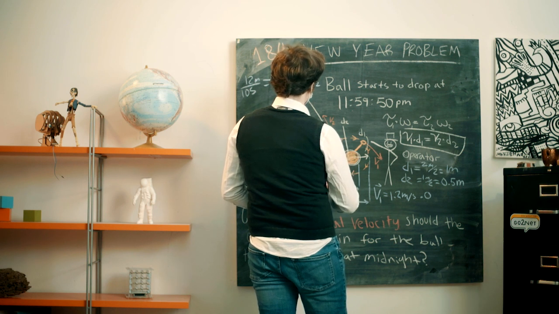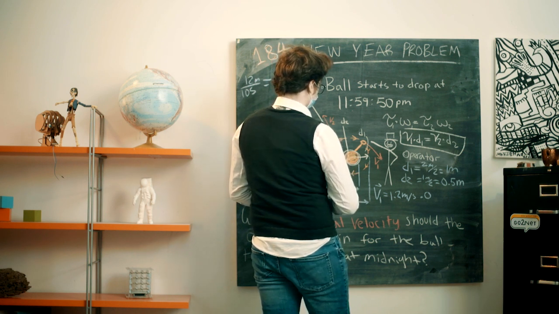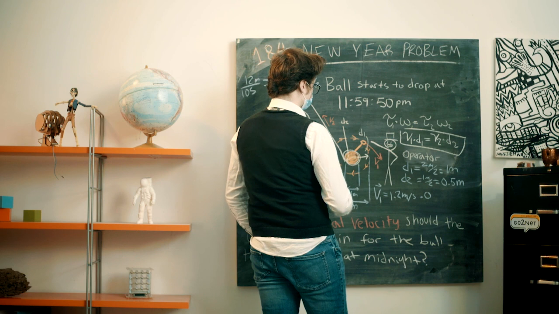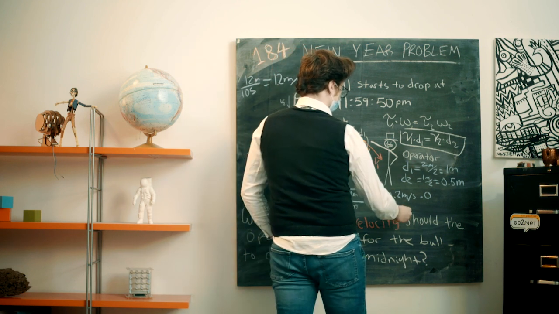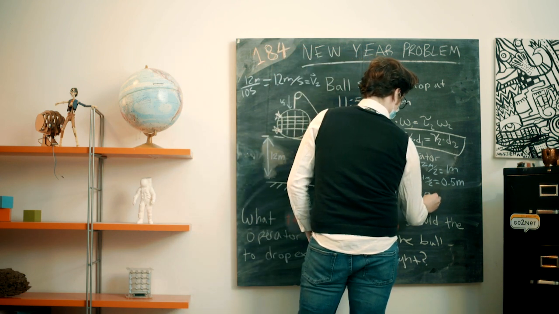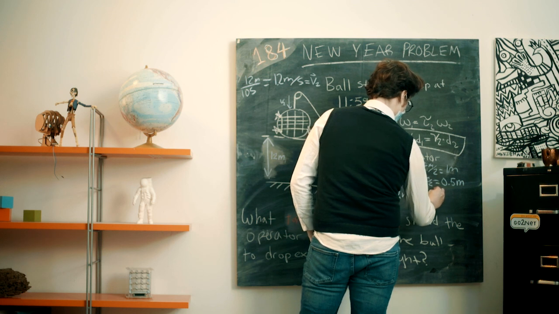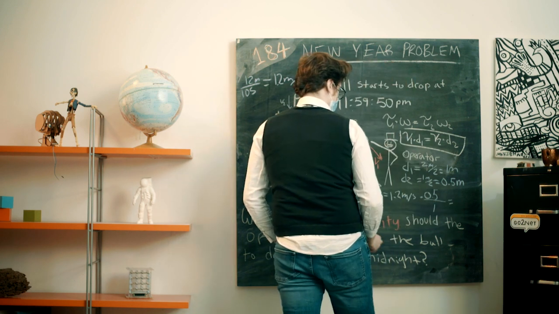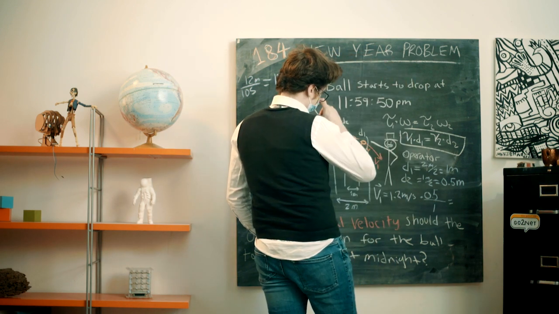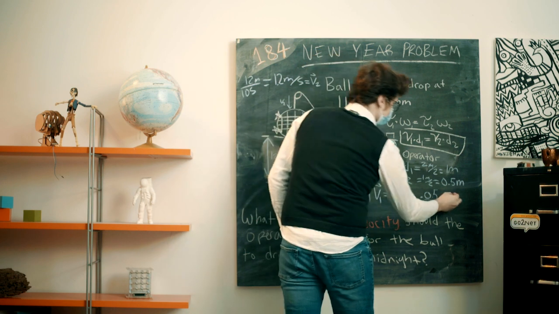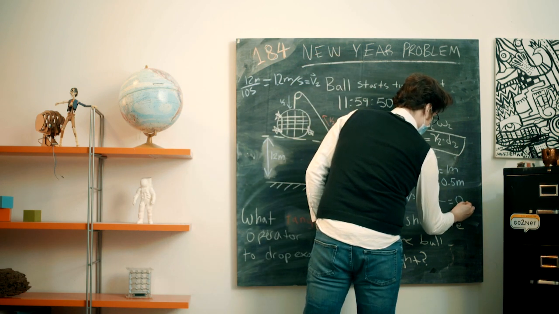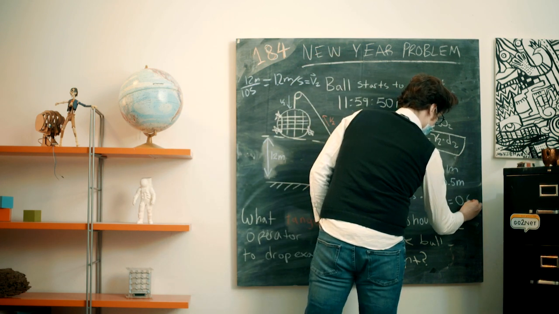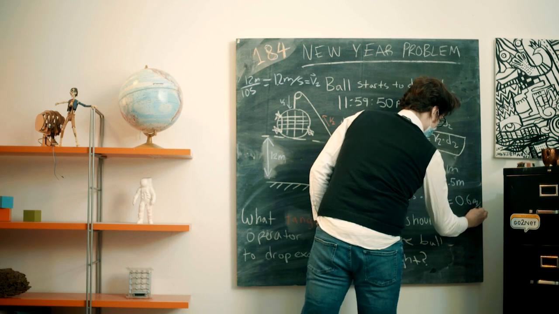D2 is this one, which is a half. Oh no, okay, that's right. Okay, V2 times D2, 0.5, divided by the 1, this is going to give us 0.6 meters a second.